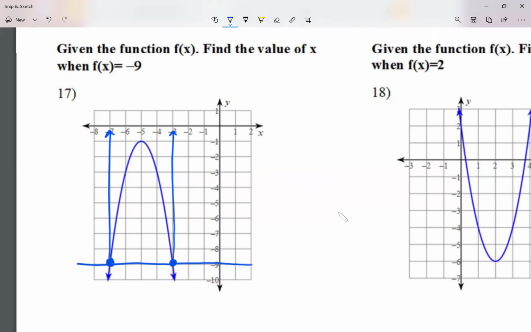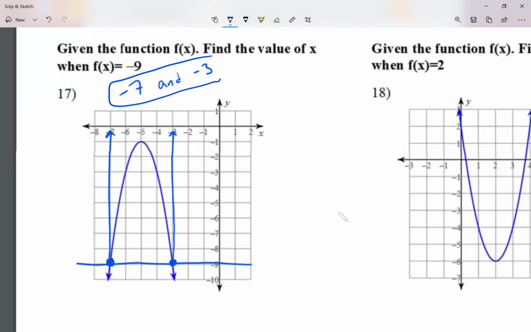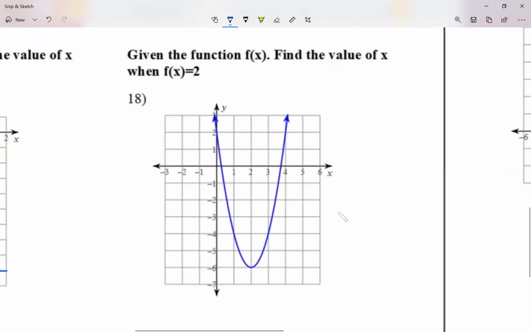So my answer will be -7 and -3. Don't forget to go from small to large, but it's nice that we see it on the x-axis because the smallest number is on the left. So -7 and -3.